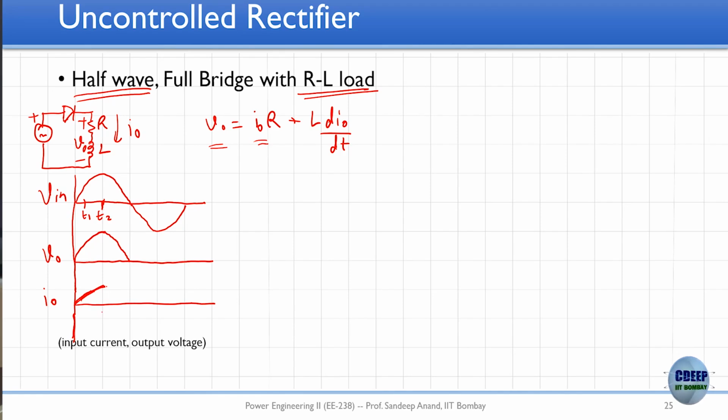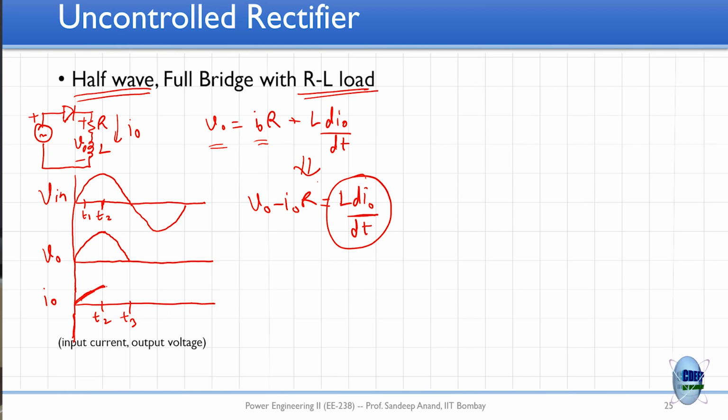What will happen to the current after T2 till T3? Will the current continue to rise or will it fall? Okay. So if I rewrite this equation, I can say V naught minus I naught into R. So for current to fall, di by dt should be negative, right?